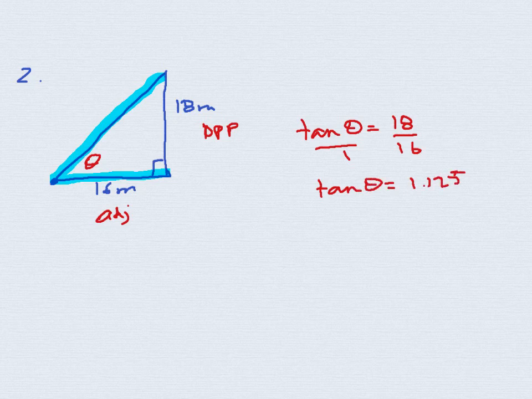That's clearly not an angle, but if you grab your calculator and do the second function tan to solve for the angle that would make the opposite over the adjacent equal to 1.125, or 18 over 16, you're going to get an angle of 48.366 degrees, which when you round to the nearest tenths is an angle of 48.4 degrees, found by taking the opposite over the adjacent.